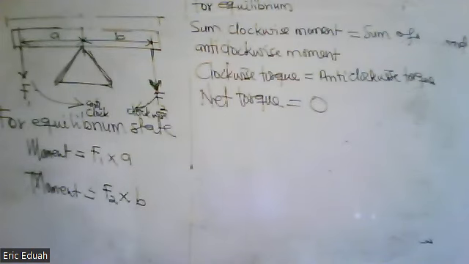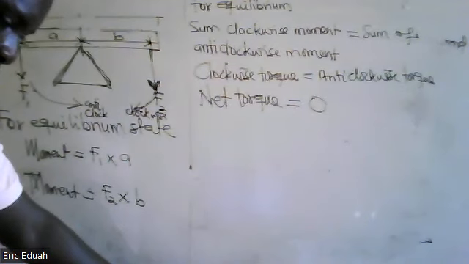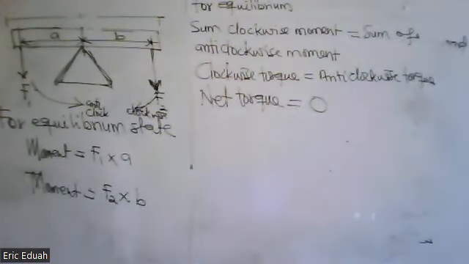At equilibrium, the sum of clockwise moments is equal to the sum of anti-clockwise moments, or the sum of the torque in one direction must be equal to the torque in the opposite direction. Any question?